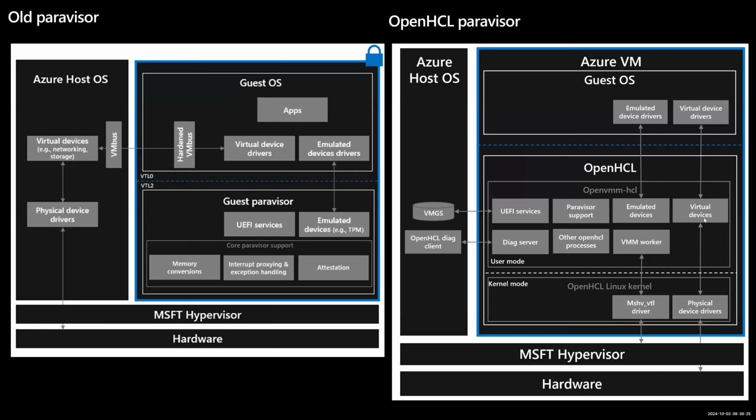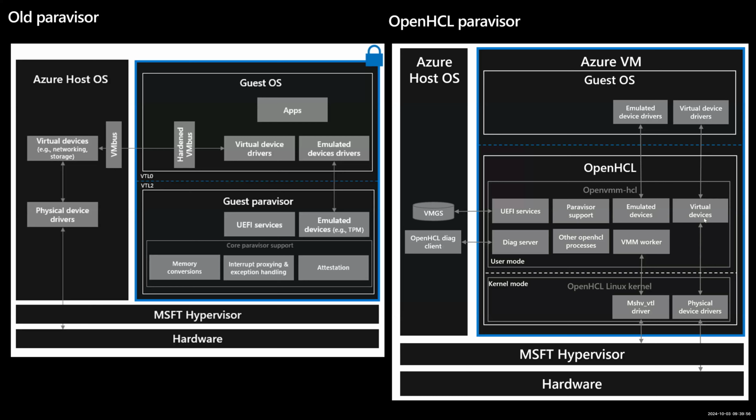As far as the components of OpenHCL, the two main ones are a VMM that is running mostly in user mode and implements a bunch of processes, and that runs on top of a very, very small customized Linux kernel that we built to be very light and have only the things that were needed to support the VMM running on top of it.